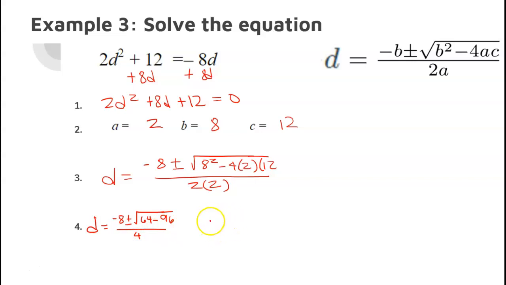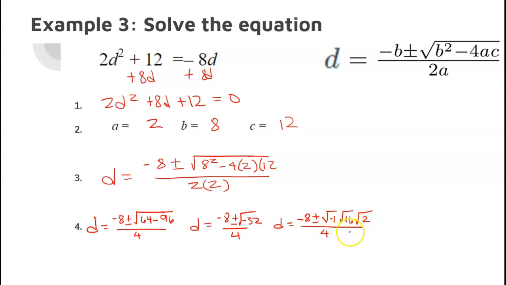64 minus 96 is going to give us a negative 32, so d is going to be equal to negative 8 plus or minus the square root of negative 32 over 4. The square root of negative 32 can be rewritten as the square root of negative 1 times the square root of 16 and the square root of 2.